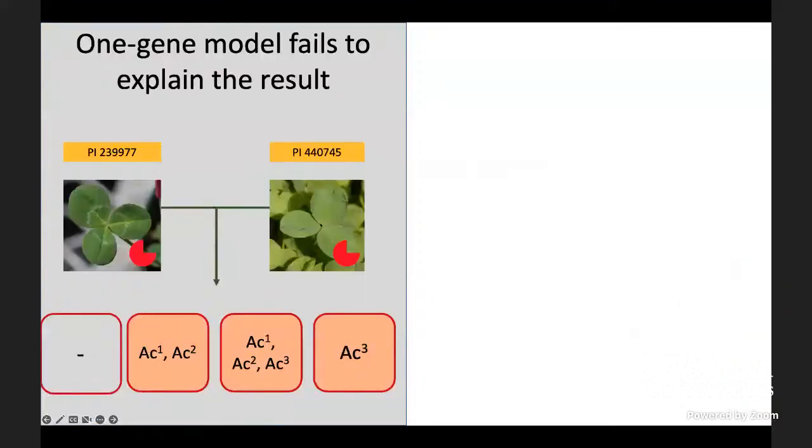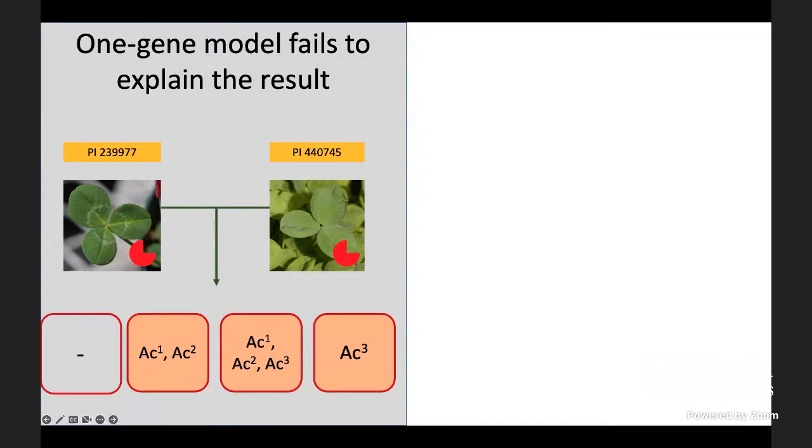Our story does not end here. 15 years ago, the young Dr. Olson did a cross between 2 cyanogenic clover strains, and it gave rise to several F1 offspring. He also sequenced the AC gene cluster in the offspring, and he found some individuals may have up to 3 alleles, which doesn't make sense.